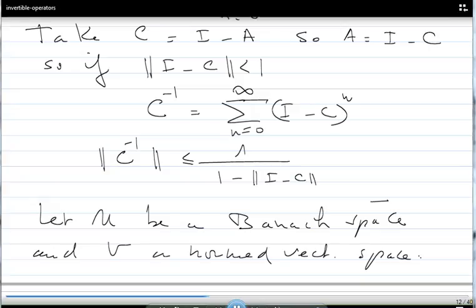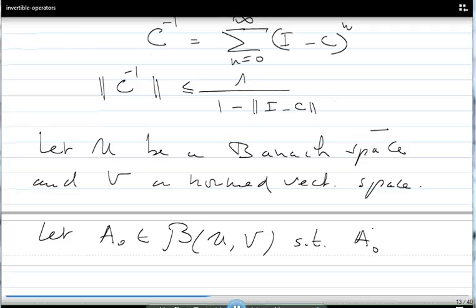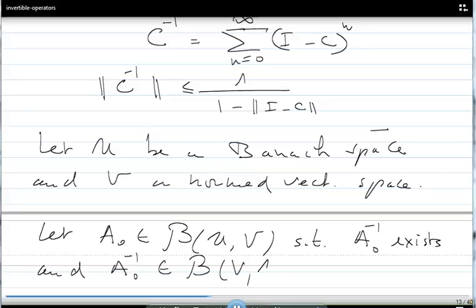Let A0 be a bounded linear operator from U to V, such that A0 inverse exists and A0 inverse belongs to B(V,U). So it's a bounded linear operator.